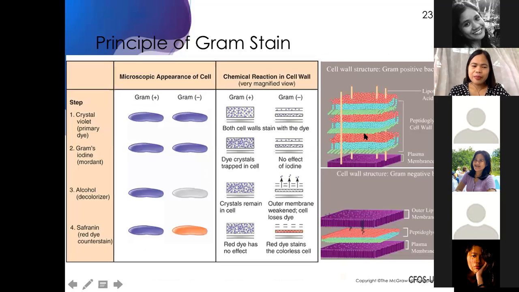When it shrinks, the pores close. The complex can no longer get out of the cell wall. The cell shrinks and the crystal violet iodine complex concentrates further in the cell wall. So it retained the purple color. That's the reason why the gram-positive bacterium is purple.